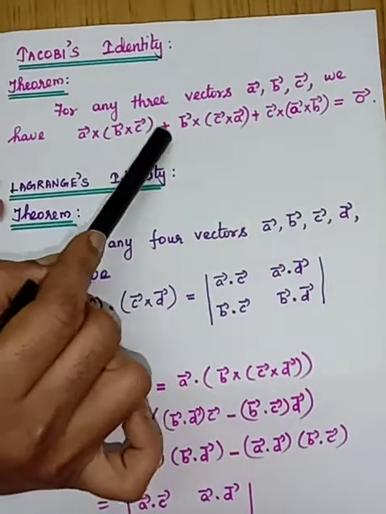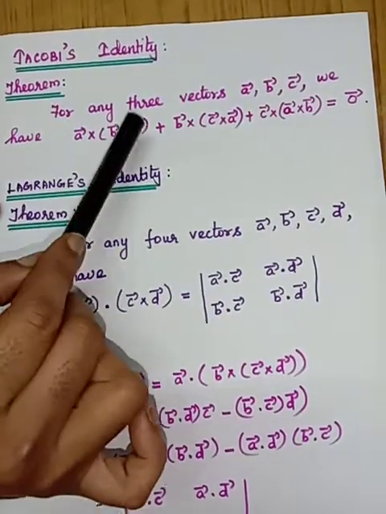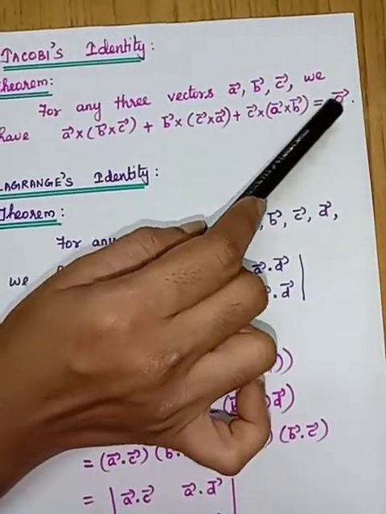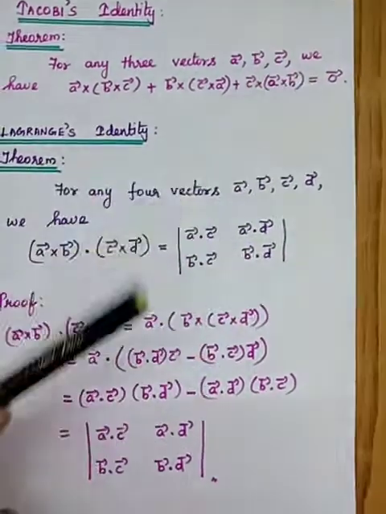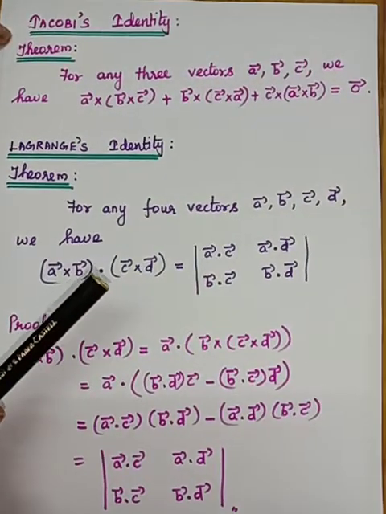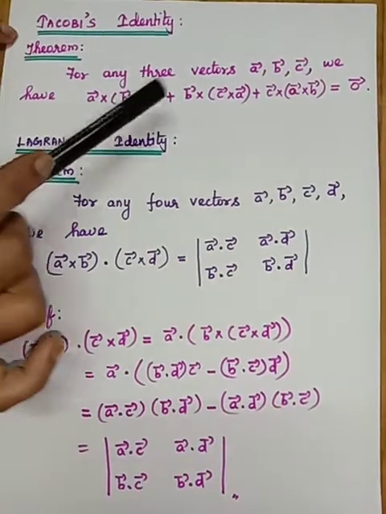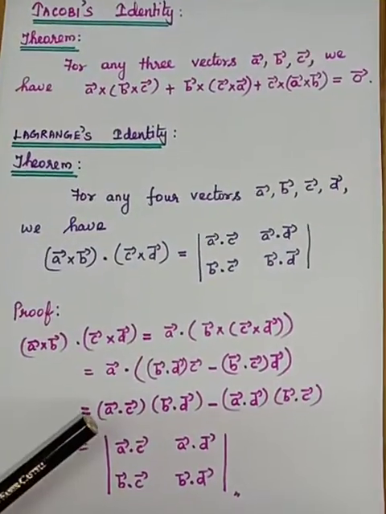That is, the sum of the vector triple products which are in cyclic order is equal to 0 vector. That is called Jacobi's identity. So you have to use the expansion of vector triple product. You will get the result as 0 vector.